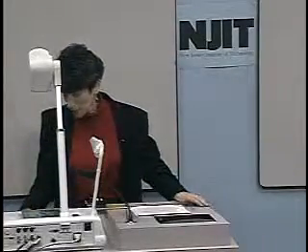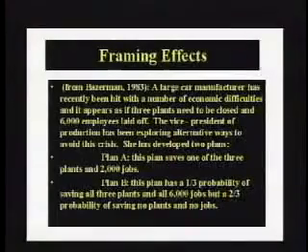Now we're going to back up and do the one that you did initially on framing, which had exactly the same problem, but two different alternatives. In this case, Plan A saves one of 3 plants and 2,000 jobs, and Plan B has a 1/3 probability of saving all 3 plants and all 6,000 jobs, but a 2/3 probability of saving no plants and no jobs. Okay, Larry, on the green ones, how many took A and how many took B?